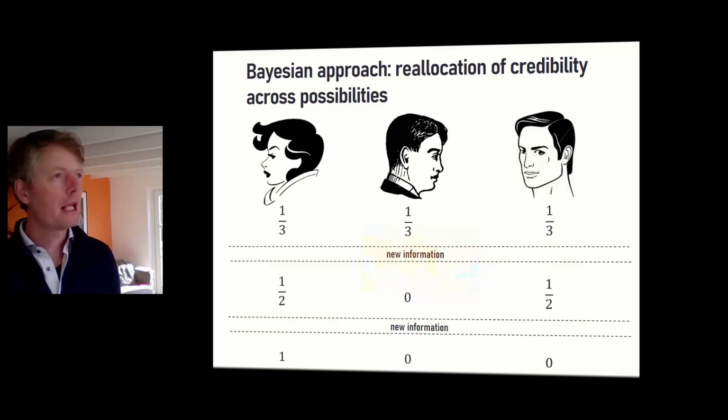The detective first assigns a uniform probability distribution, so says, well, the chance of any of those 3 individuals being the murderer is 1/3.